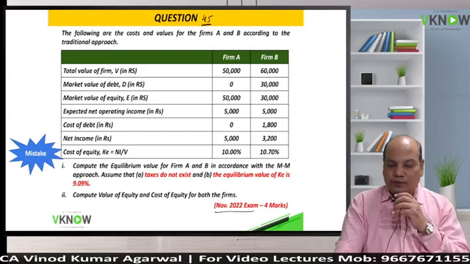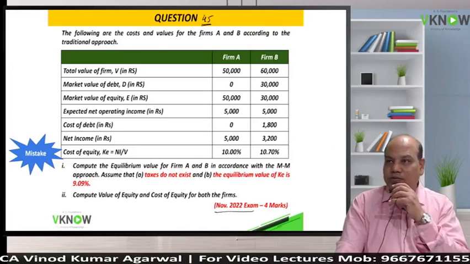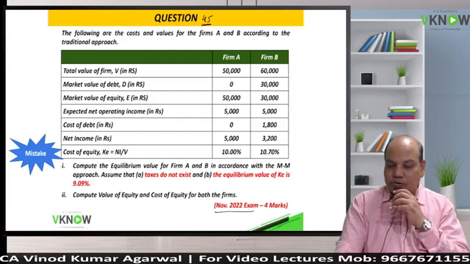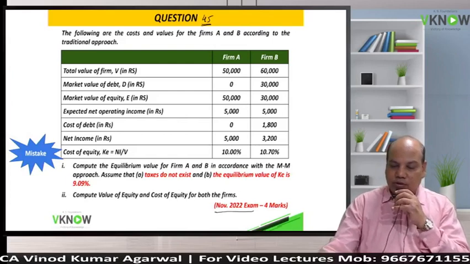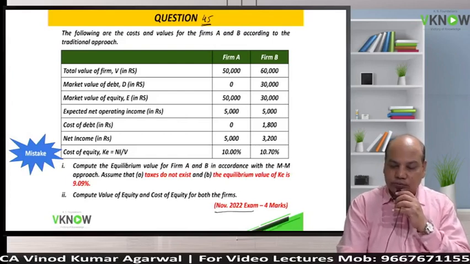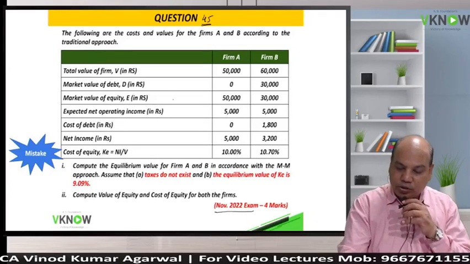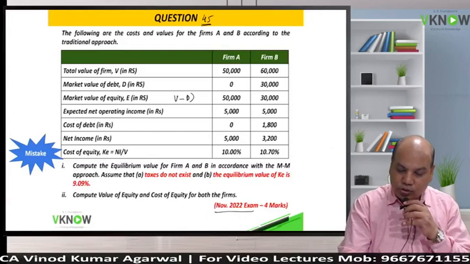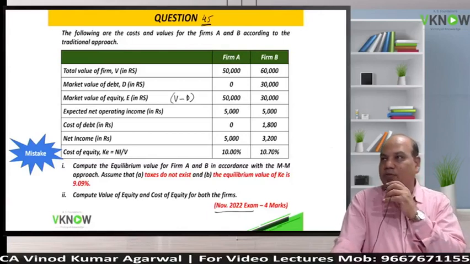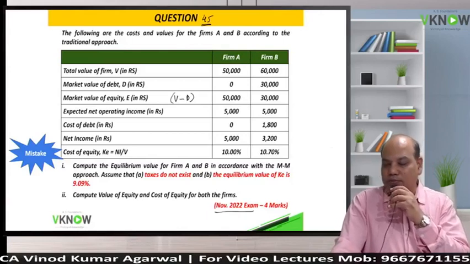Total value of the firm V is given as 50,000 and 60,000. Market value of debt D is given in rupees, 0 and 30,000. Market value of equity: how did they get it? Value of the firm minus value of debt.